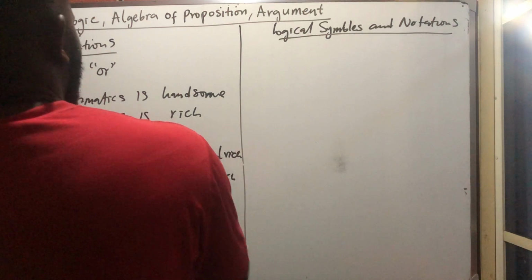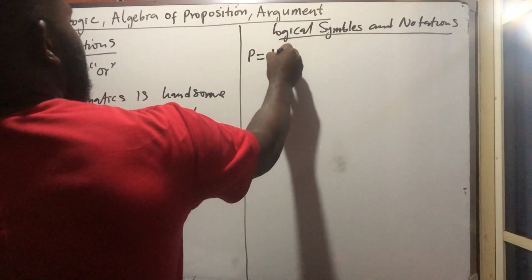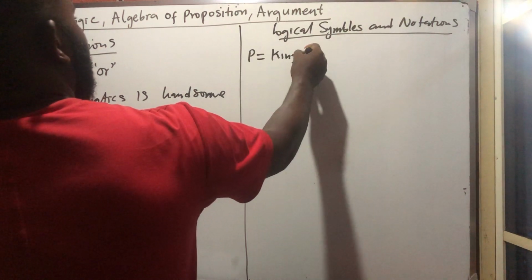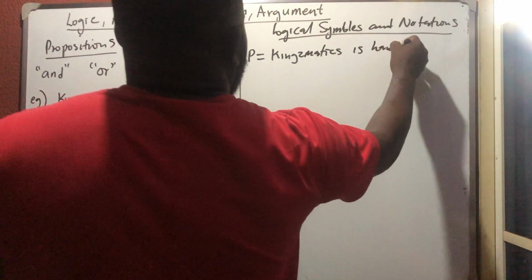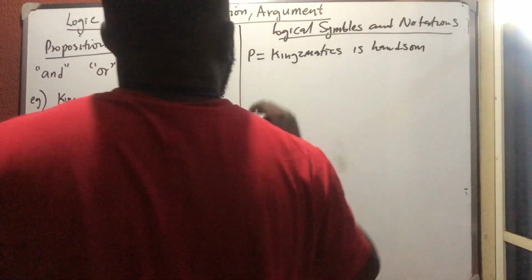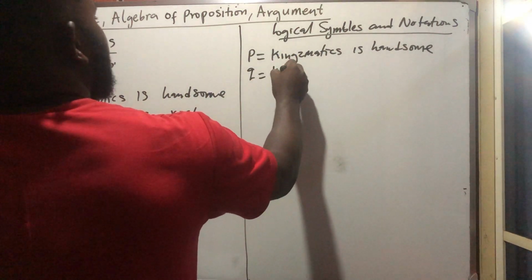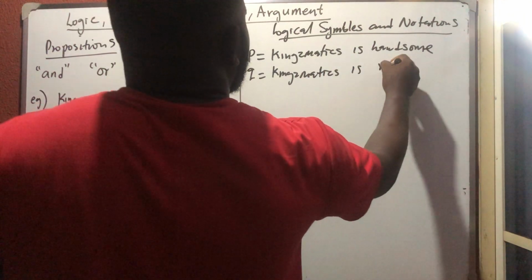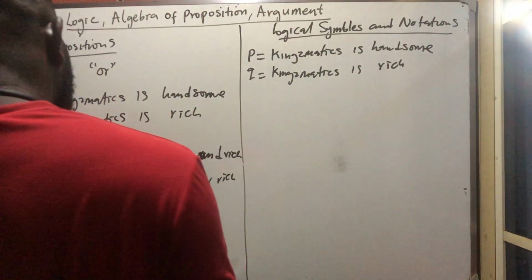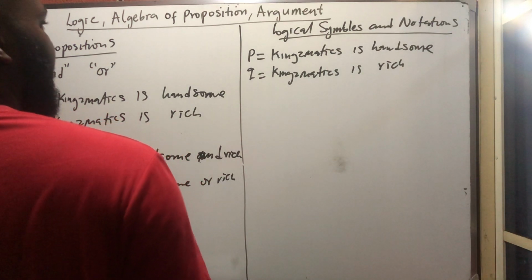For instance, we can say let P, small letter P, be Kingsmatics is handsome. Then we now use small letter q to denote that Kingsmatics is rich. So we use small letters to represent statements.